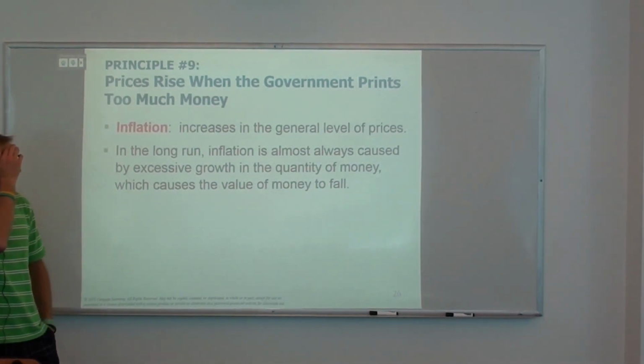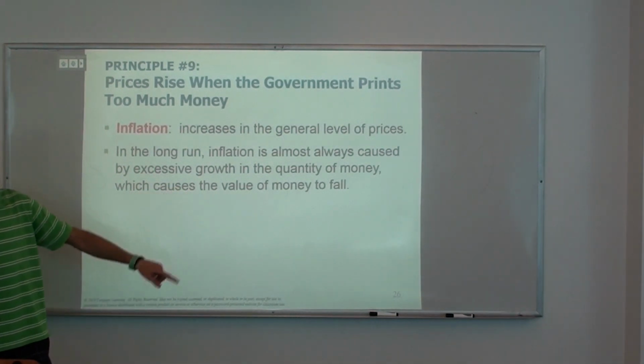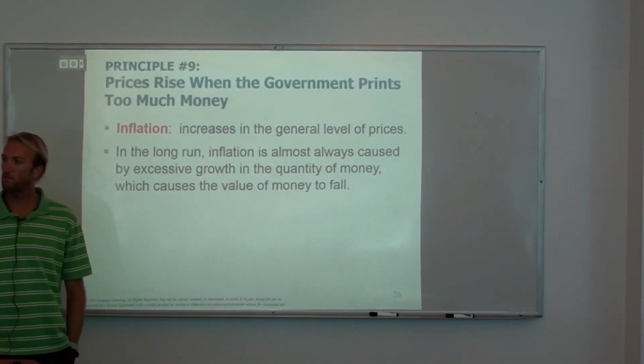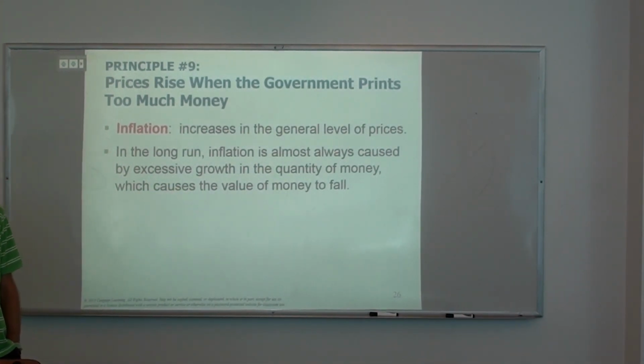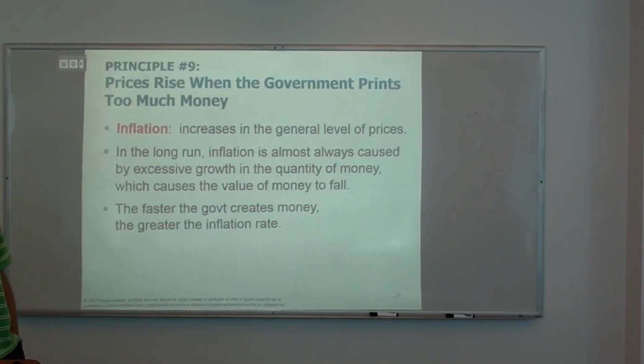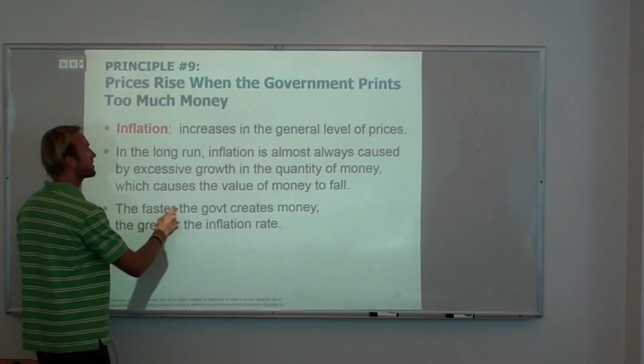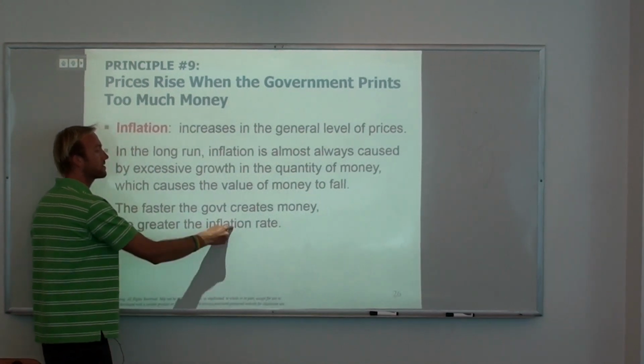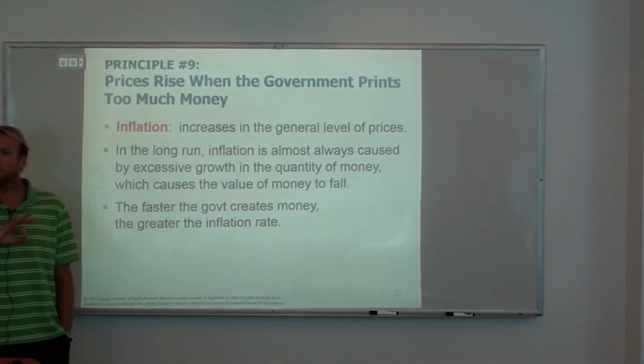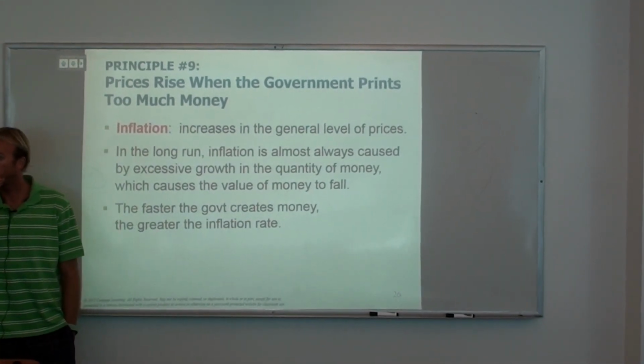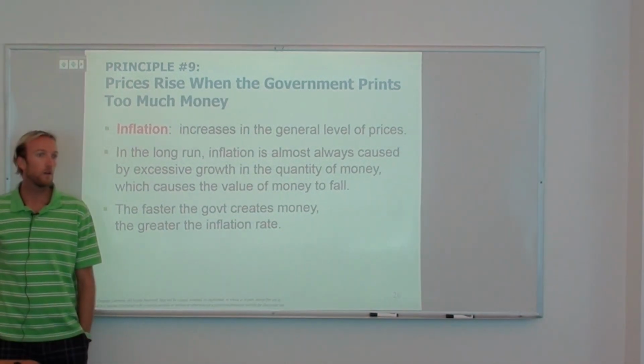And when there's more money out there, the value of each dollar is less. When a dollar buys less, stuff is more expensive. Okay? And the faster the government prints, the faster the prices go up. They're directly linked. Okay? And this is true.